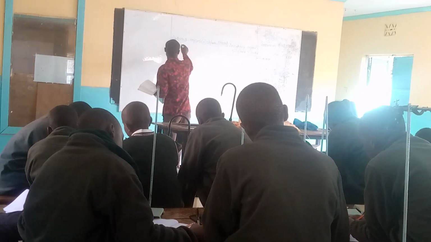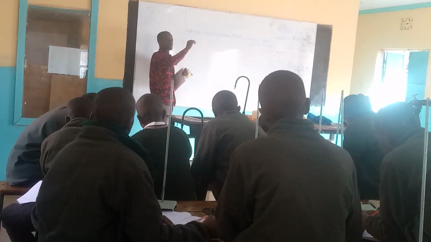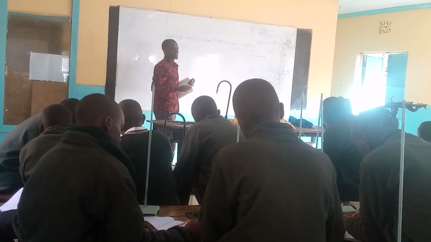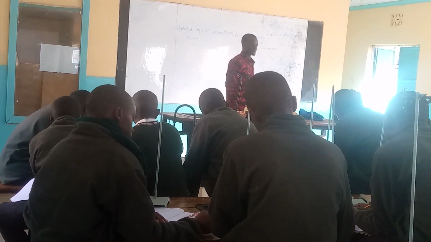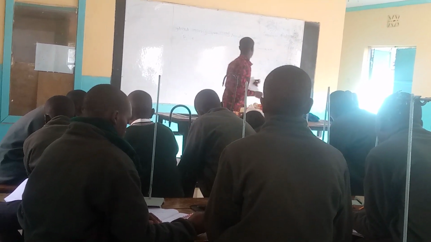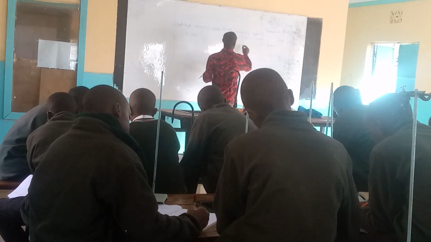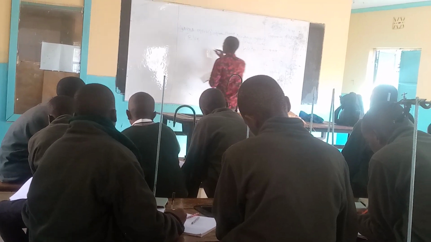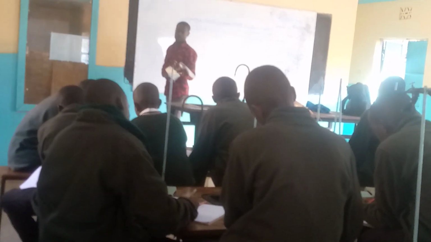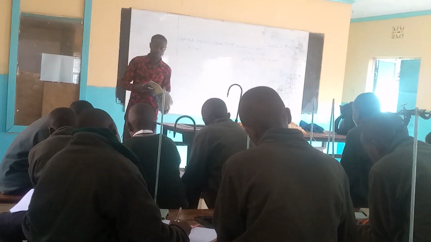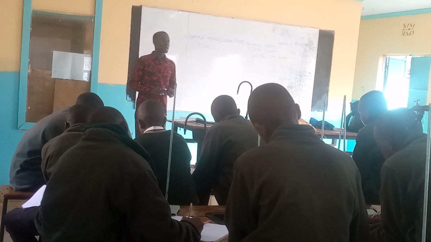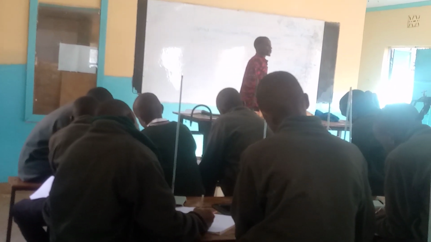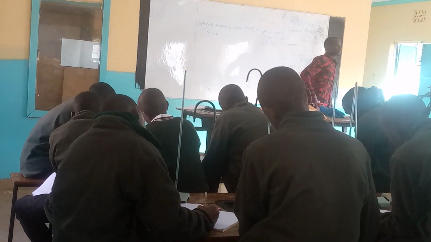Then we indicate the colors. This is which color? Blue. Blue in color. Very good. And this one is? White. White in color.